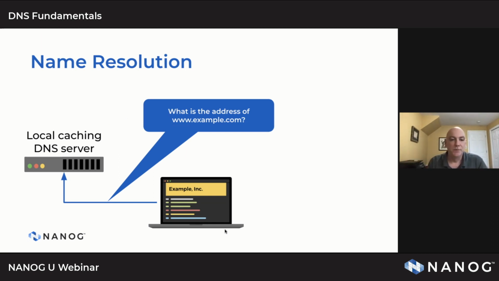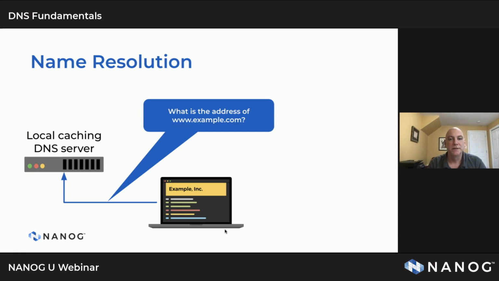Wherever your access point is, however you're getting connected via DHCP or whatever, you're usually directed to ask your DNS queries to a local caching DNS server. Again, back to the terms I was using earlier, this would be called a resolver. So you have a resolver acting on behalf of the client. Now, these days, this isn't always the case.